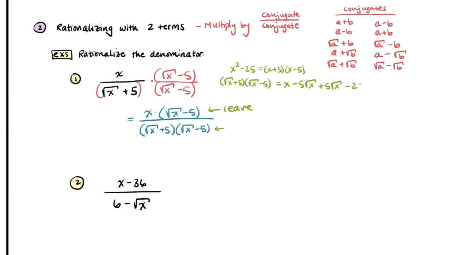That's minus 25. And you see here that the middle term cancels out. And that will always happen. So what we end up with is x minus 25. What we'll get is the square of the first thing, radical x squared, and then always minus the square of the second thing.